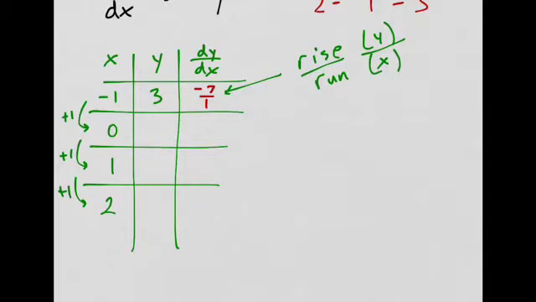I go over to the right 1, but that means I have to go down 7. It makes a -7 slope. So I run 1 for my x, and for my y, I have to subtract 7. And I get -4. Great.